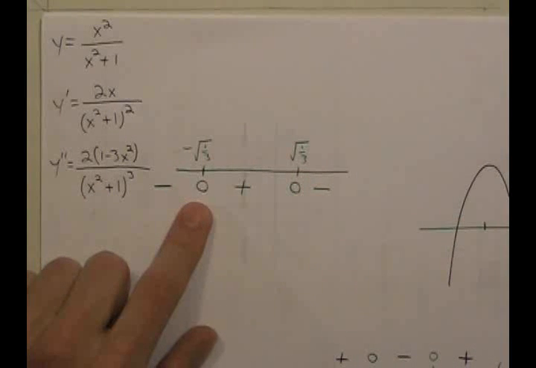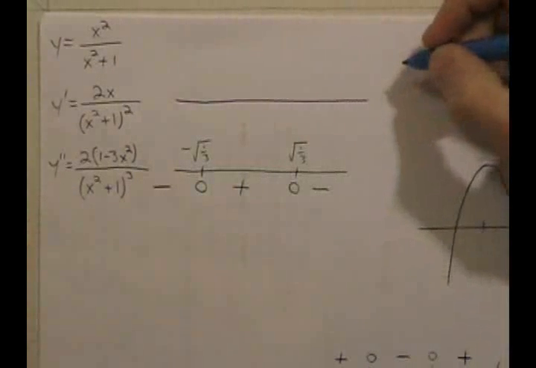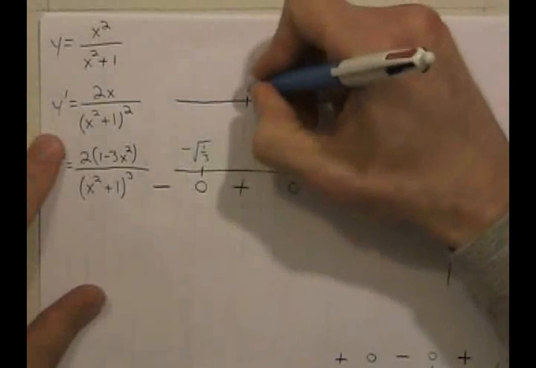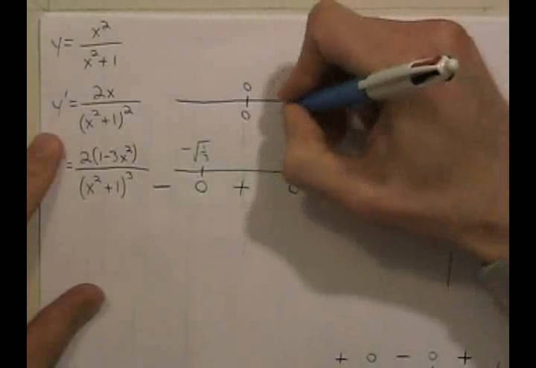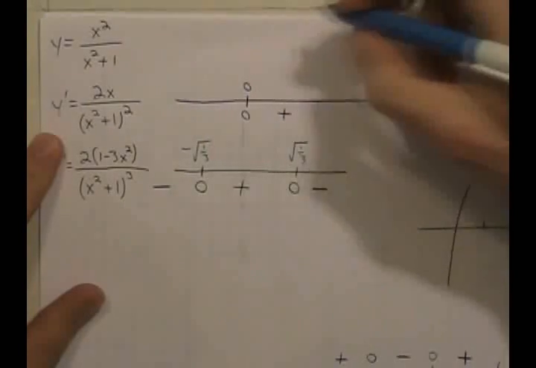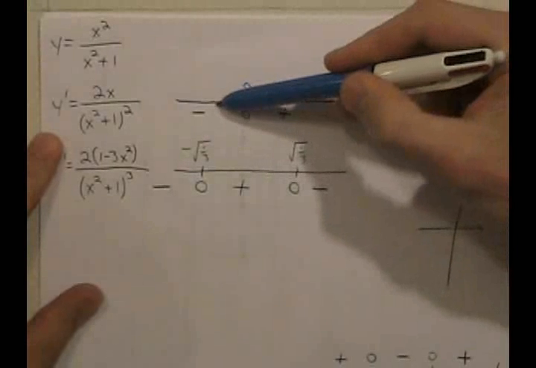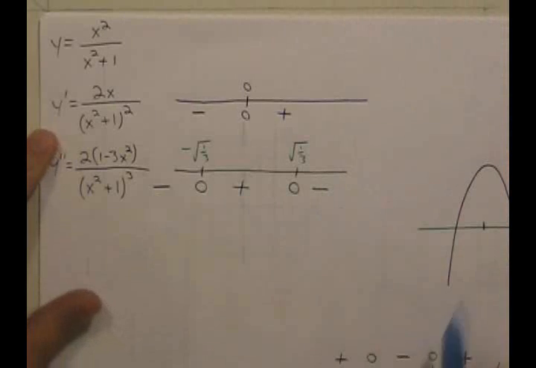If we're interested in more details, where is it increasing, where is it decreasing, you do another sign chart for y prime. That's 0 at 0, and that's the only 0. You plug in a number greater than 0, the whole thing is positive. You plug in a number less than 0, the whole thing is negative. And so f must be decreasing and then increasing, all the while being concave down, up, down.